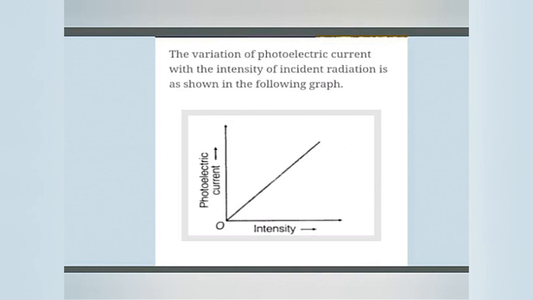In the graph, intensity is the independent variable, so it is taken along the x-axis, and photocurrent depends on intensity, hence it is taken along the y-axis. Hence we get a plot as a straight line passing through the origin, which indicates photocurrent is directly proportional to the intensity of incident radiation.